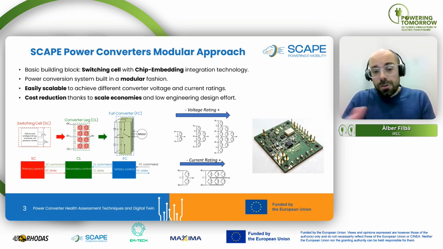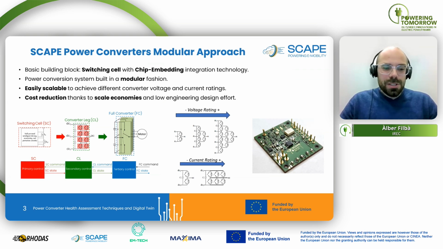Similarly, we have also organized the control into different levels, following a modular fashion, where we have the primary control located in the switching cell, which is in charge of driving the main switch and the iFuse and the advanced controls for the iFuse.